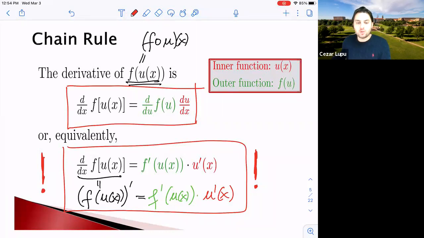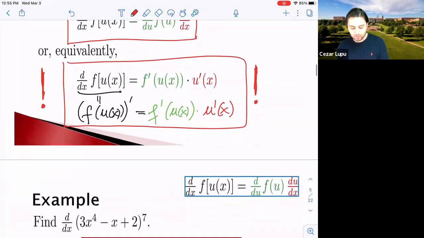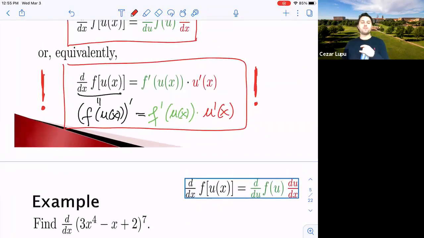Okay, now let's see some examples. The first example that I have in mind is the following. Okay, you'll see the rule. So look here, find the derivative of this function. I'd like you to think of this problem for a bit.